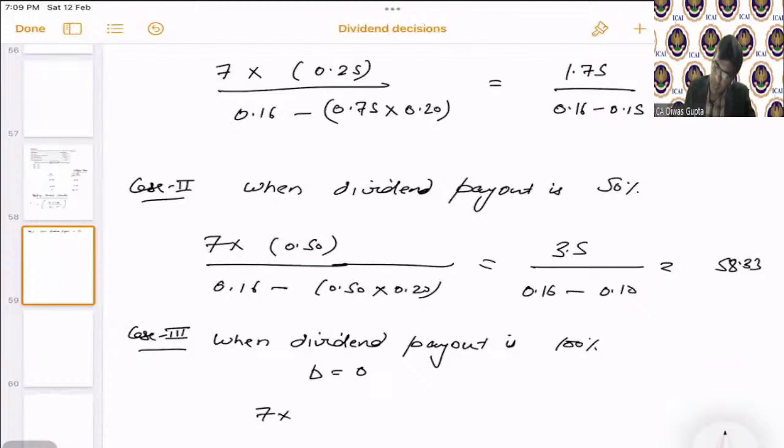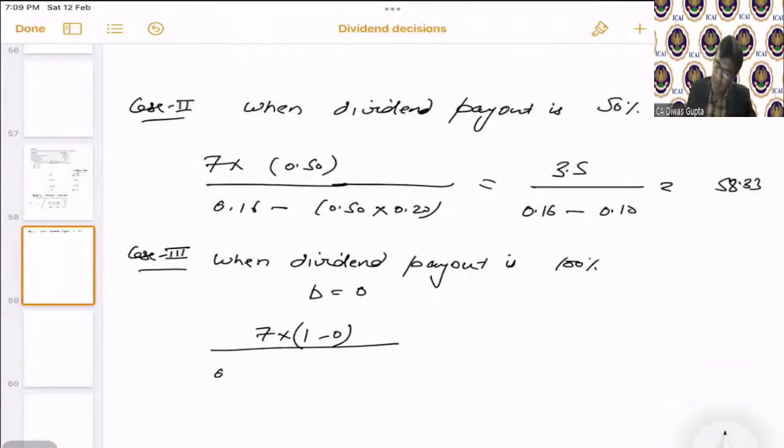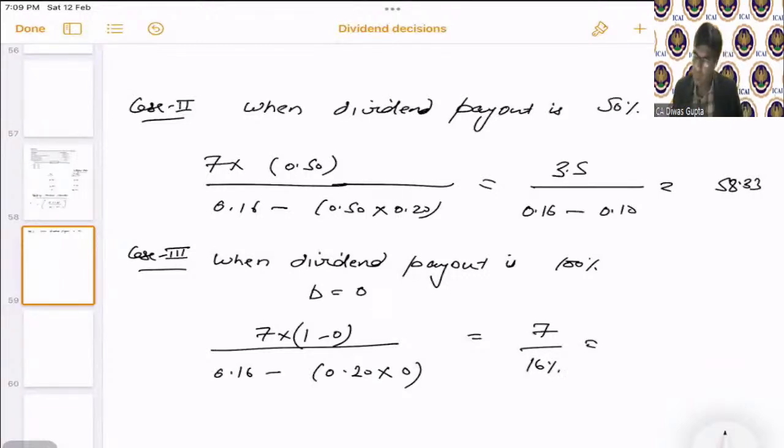So 7 into 1, or we can say 1 minus 0, so it will be 1, divided by 0.16 minus 0.20 multiplied by 0. Right, students? So this is essentially 7 divided by 16%. So this becomes 43.75.